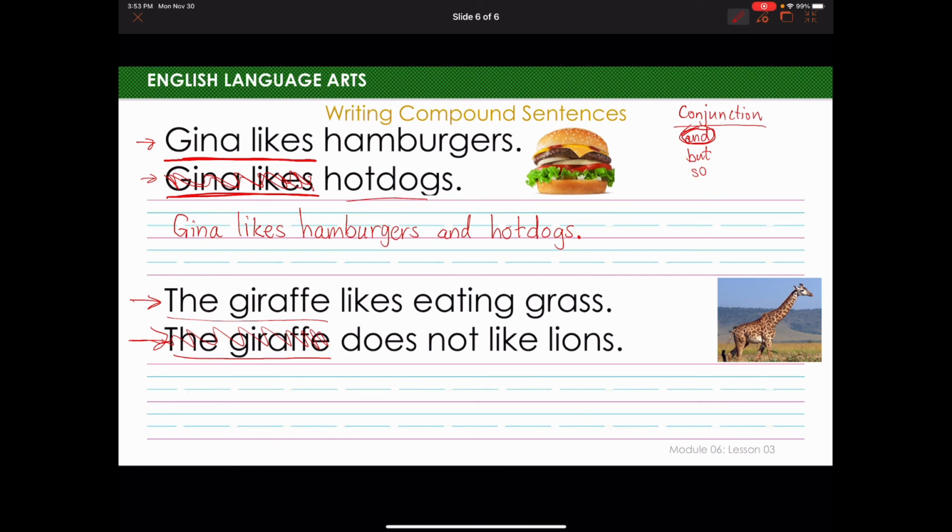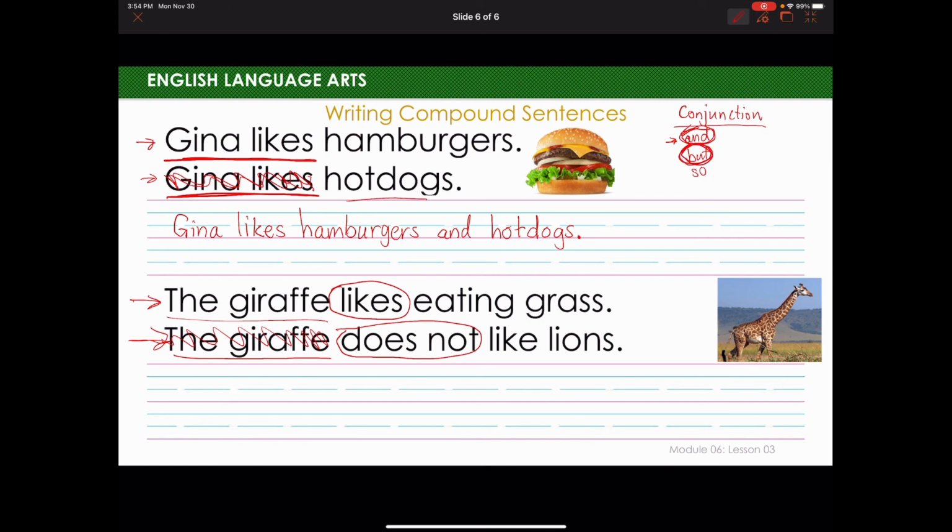In the first sentence, I'm talking about what the giraffe likes. In the second sentence, I'm talking about what he does not like. So if I'm talking about two different things, I can't use the word and, because that's used to describe things that are the same. So I'm going to use the word but in this case.